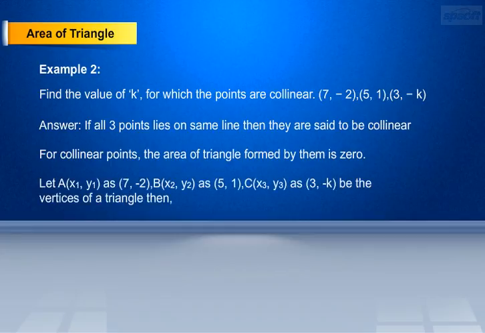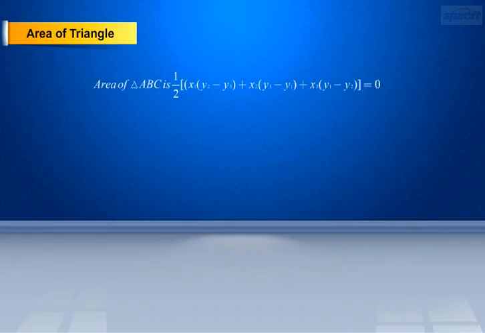Let A(x1, y1) as (7, -2), B(x2, y2) as (5, 1), C(x3, y3) as (3, -K) be the vertices of a triangle. Then, area of triangle ABC, that is, 1 divided by 2 into [x1 into (y2 minus y3) plus x2 into (y3 minus y1) plus x3 into (y1 minus y2)] is equal to 0.